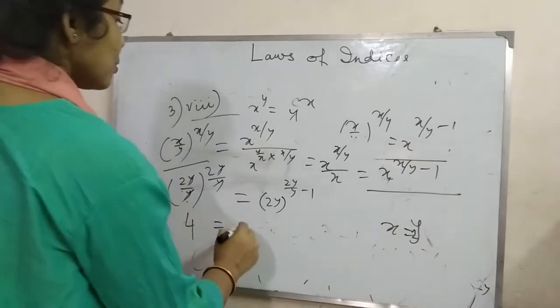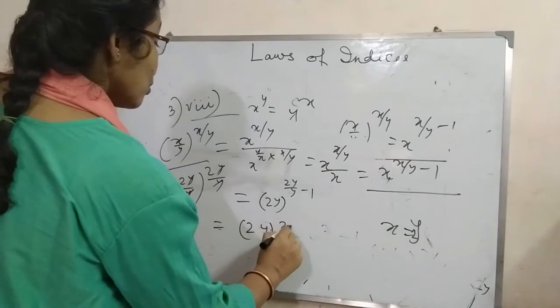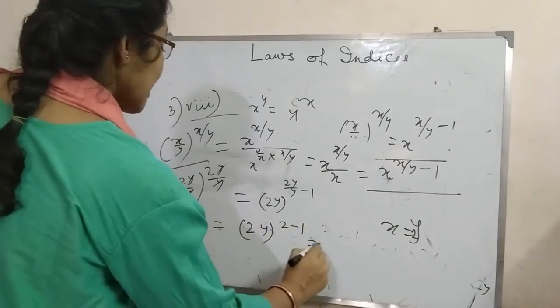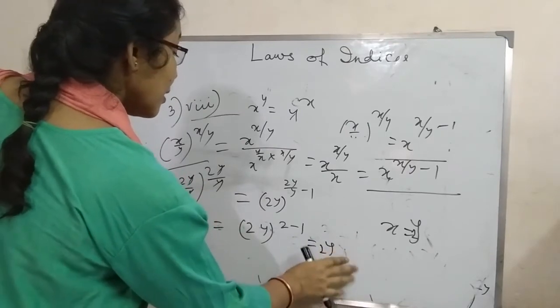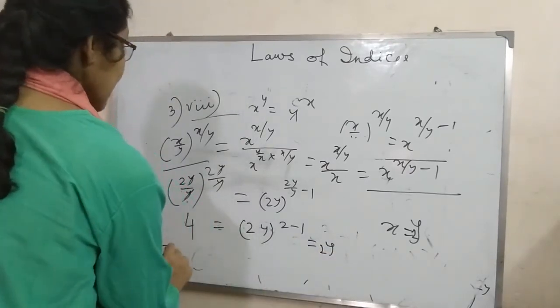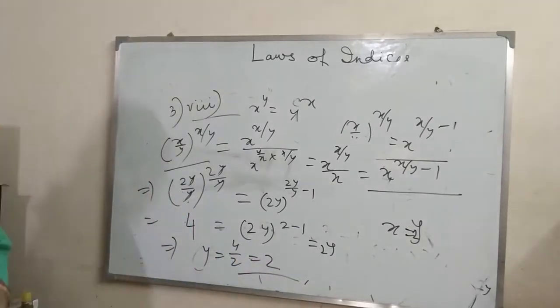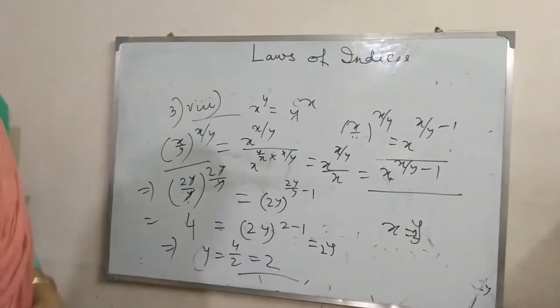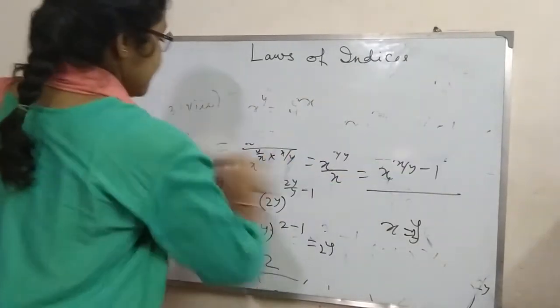This is equal to (2y)^(2-1), that is 2y. Therefore y equal to 4 by 2, this is equal to 2, and it is proved that y equal to 2. Okay.